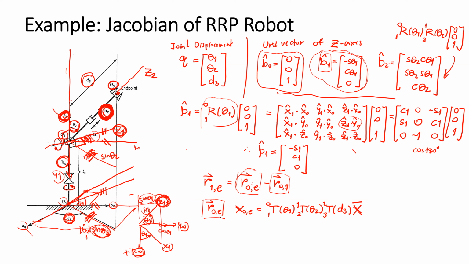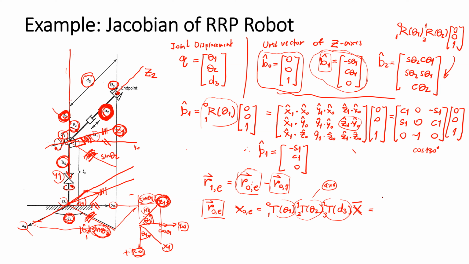But I don't want to compose the homogeneous transform. You can check and compose the 4x4 matrix and multiply.